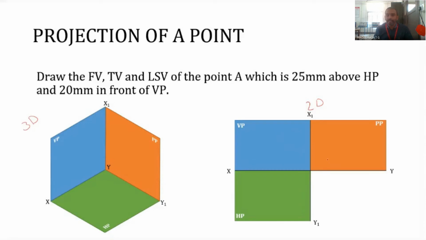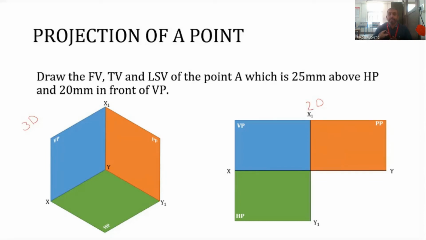So the XY line separates the vertical plane from the horizontal plane, and the X1 Y1 line separates the vertical plane from the profile plane. Half of the XY line as well as half of the X1 Y1 line will be a repetition of the line which separates the profile plane from the horizontal plane, the line of intersection of the profile plane and HP.